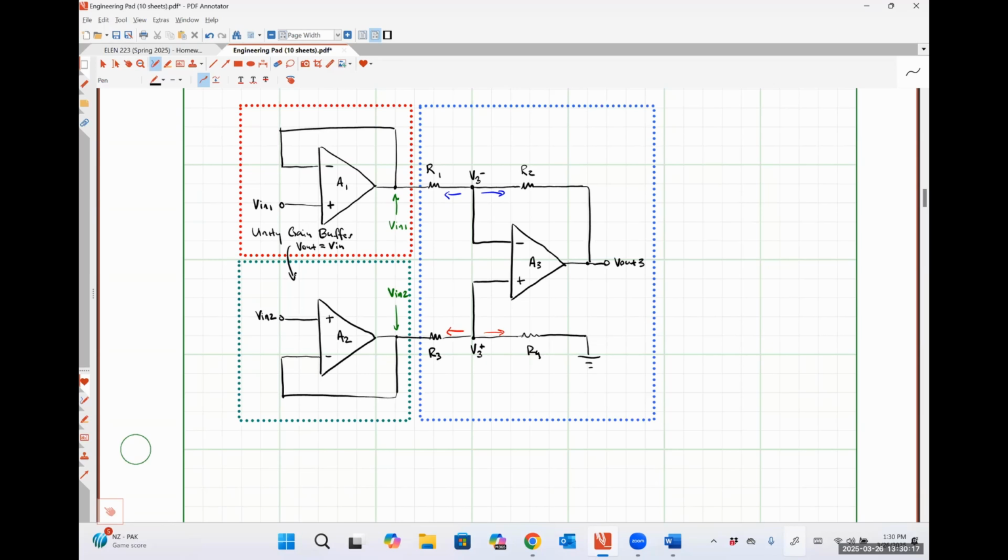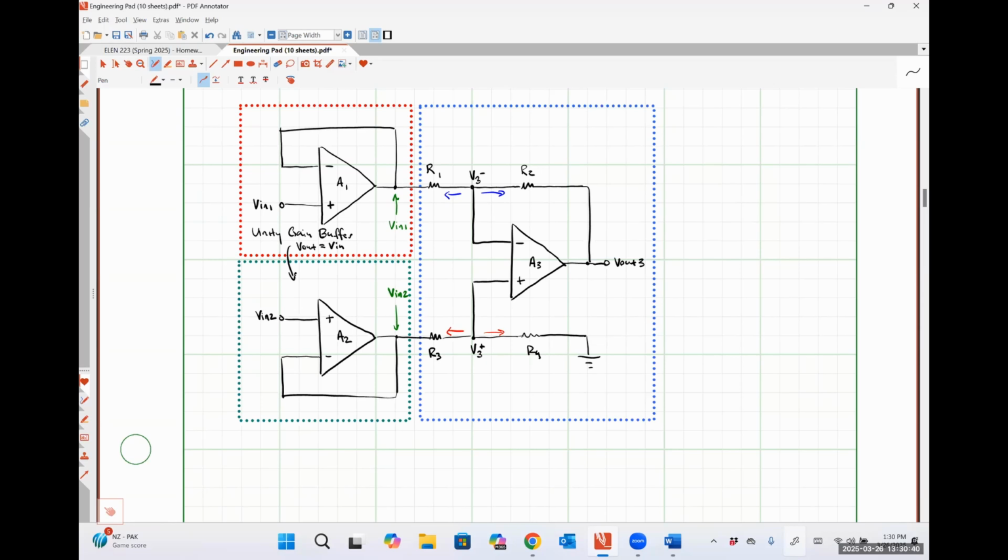So we talked about the reasons why we might want to do that in our last class meeting when we were specifically talking about the non-inverting amplifier and the special case where our feedback resistor was much smaller than the resistor we placed between the inverting input terminal and ground.